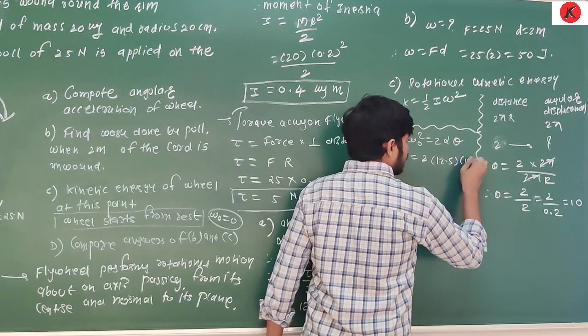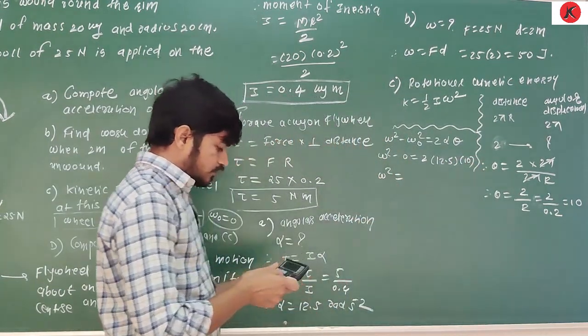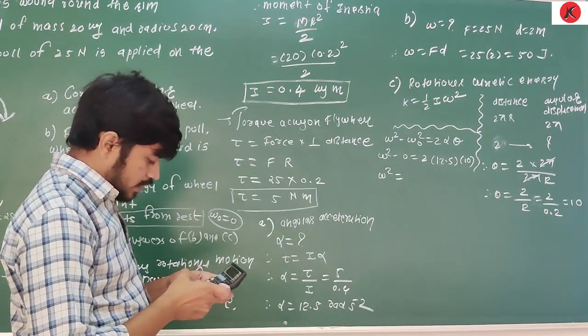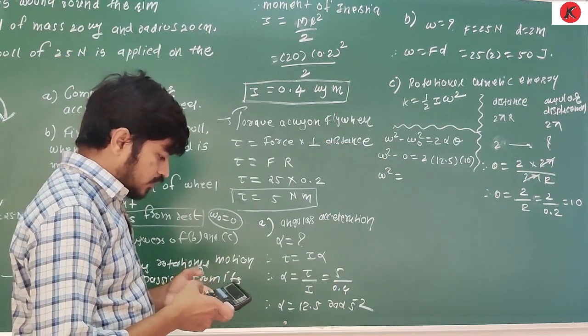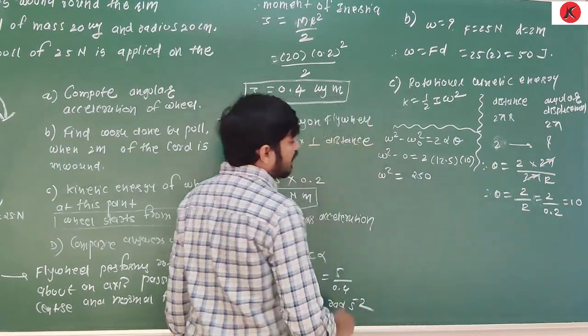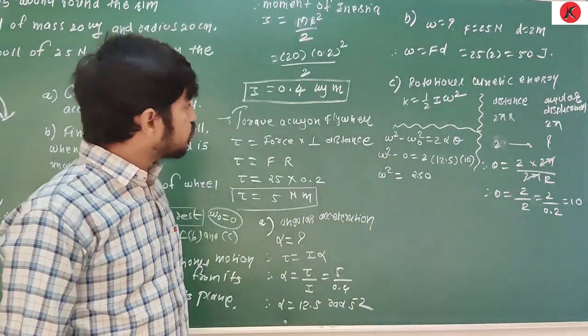And what is theta? It is 10. So omega square is equal to 2 into 12.5 into 10, which is 250. We will keep it as it is. Omega square is equal to 250.